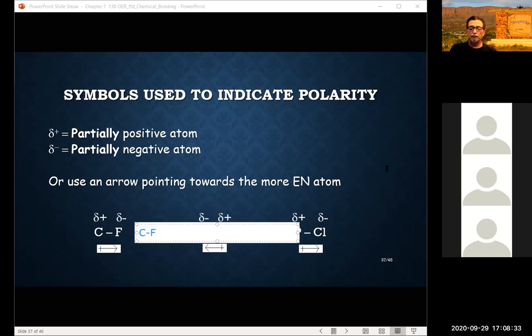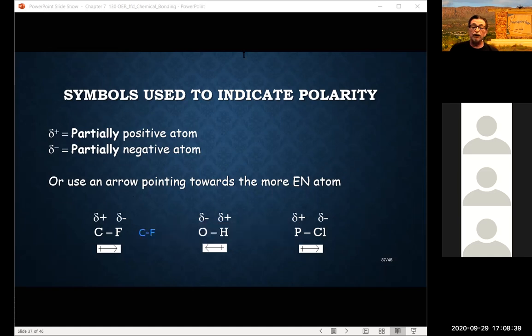And if I had another molecule set up like that, there would be an attraction going on here because of the partial negative. There'd be an interaction going on between the molecules because of the partial negative of the first one and the partial positive of the next one.